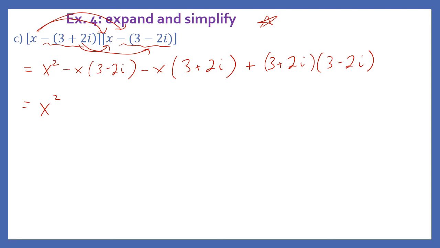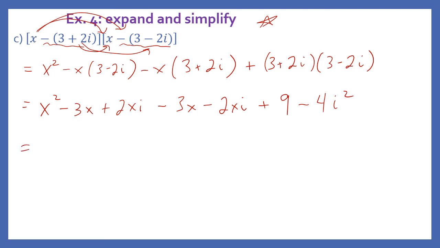Now you're going to distribute, so negative 3x. Now this is weird, plus 2xi. Bear with me, we'll take care of it. Minus 3x minus 2xi plus. And here we have another complex conjugate, which we just learned. You could go through all the FOIL steps, but the middle terms are going to cancel. We're left with 9 and then minus 4i squared.